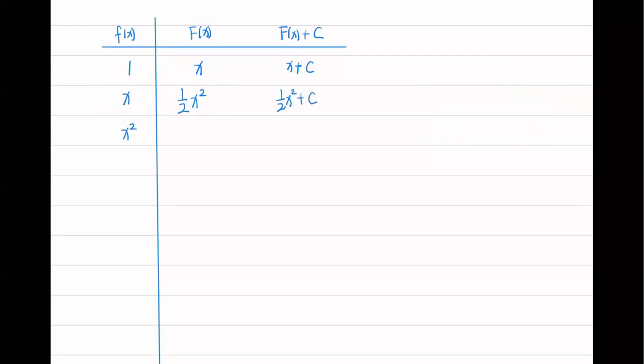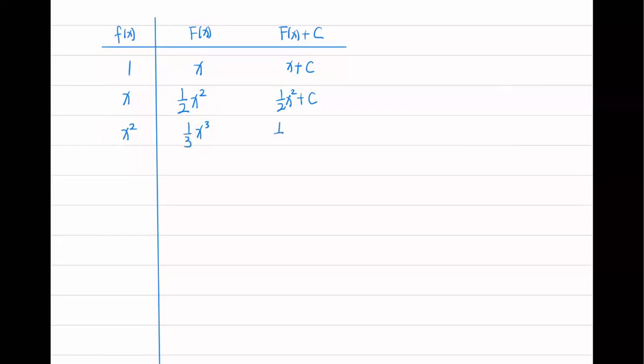And Sophia, x squared. Could you give me a function whose derivative is x squared? x cubed divided by 3. Okay, x cubed, if we take a derivative of this, we get 3x squared, we divide by 3, we get what we want.